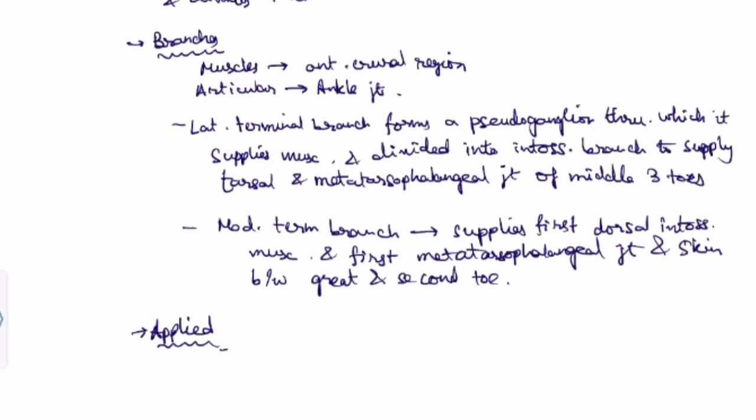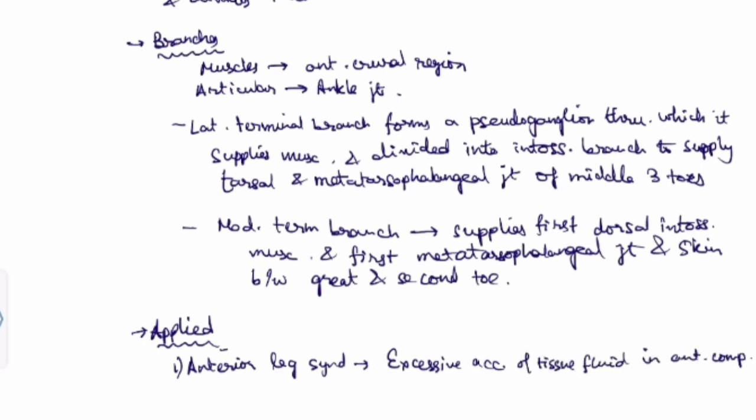Going on to the applied anatomy, let's have a look at the applied anatomy of the deep peroneal nerve. Anterior leg syndrome: excessive accumulation of tissue fluid in the anterior compartment of the leg due to exertion.